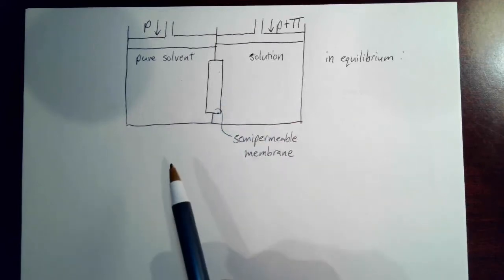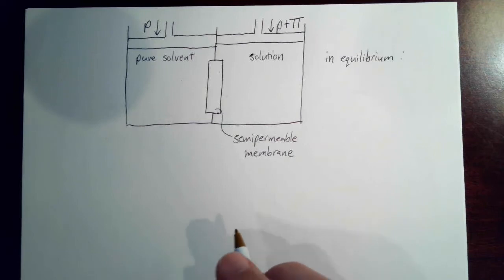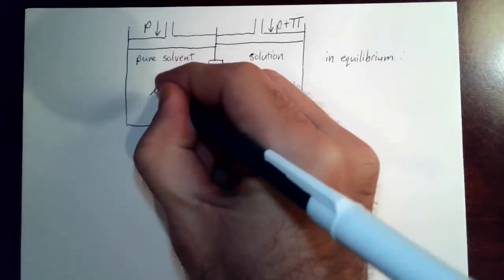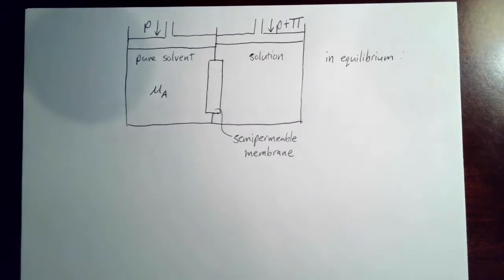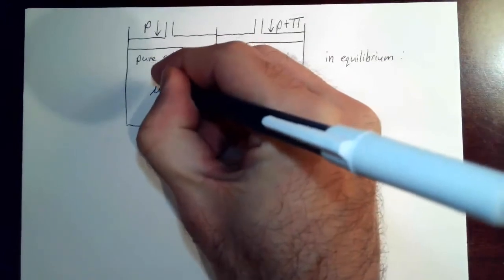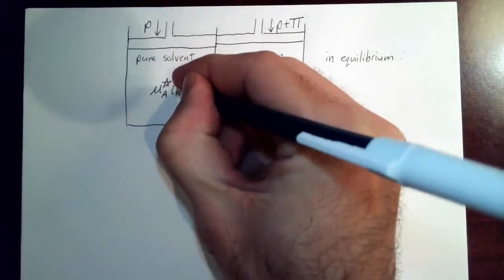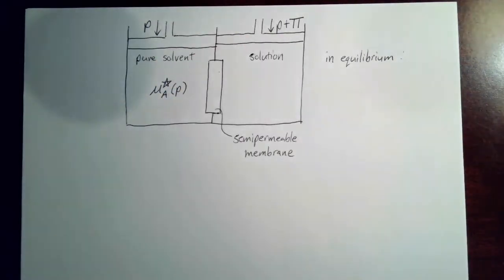So remember, capital A is for solvent, capital B is for solute. So over here I have the chemical potential of the solvent. And solvent is all there is over here, actually. So this is a pure substance. There's only one component present. And this is the chemical potential at a pressure P.